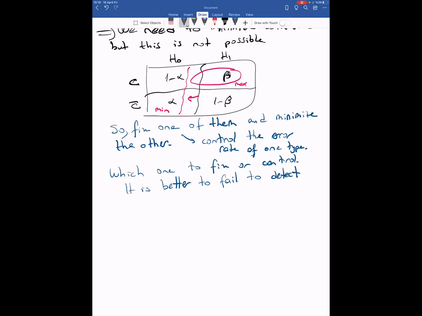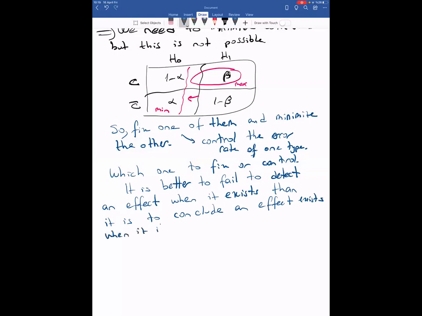it is better to fail to detect an effect or a change on the present situation when it exists than it is to conclude an effect exists when it doesn't.